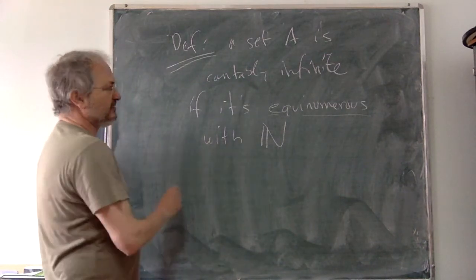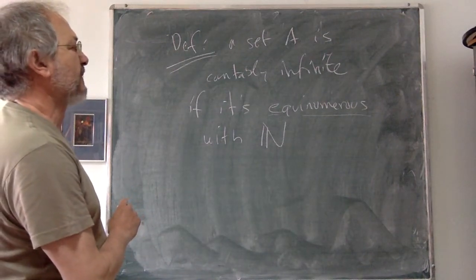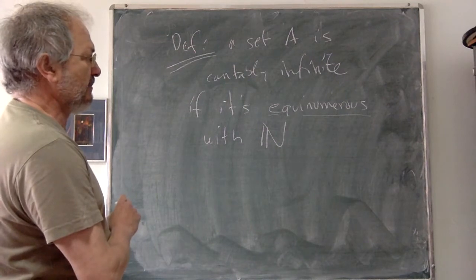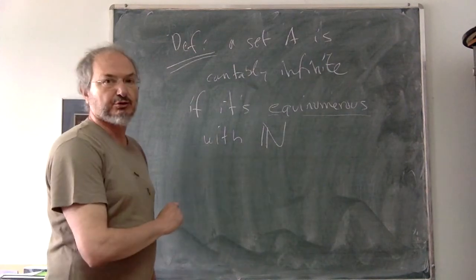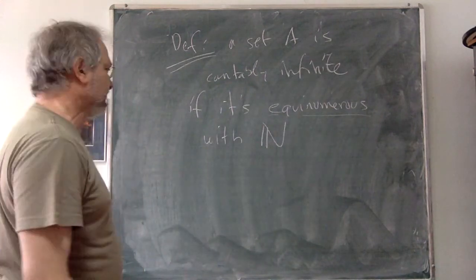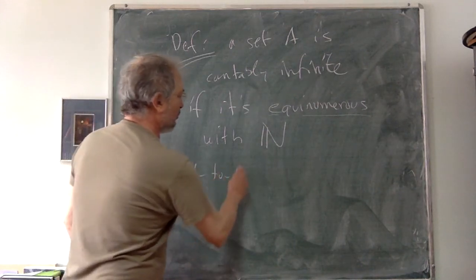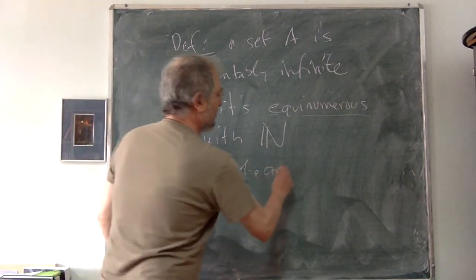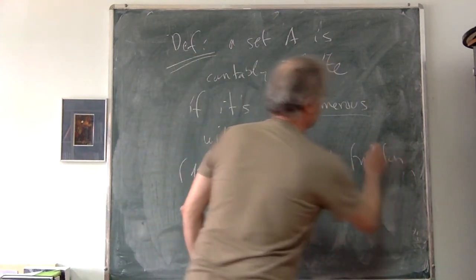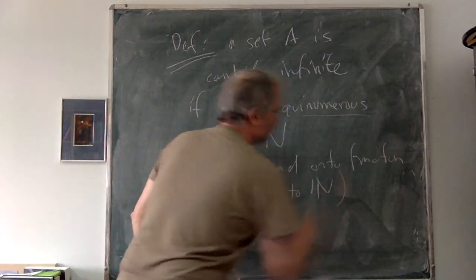One difference from finite sets is that we call it equinumerous, because it's essentially a one-to-one and onto function from A to N. This means a one-to-one and onto function from A to N.